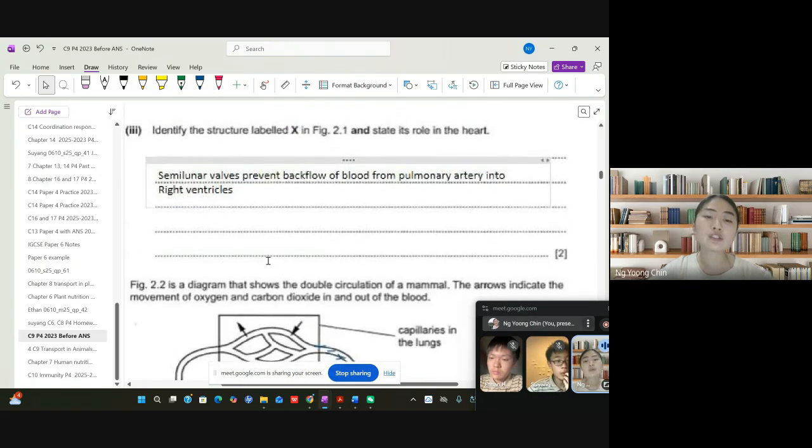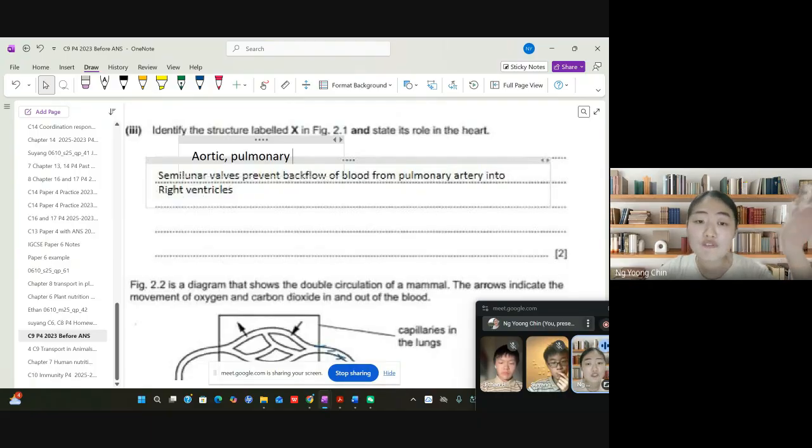I think in the exam you can just answer in a general way, using the two terms. The semilunar valve consists of the aortic valve and the pulmonary valve. But the atrioventricular valve includes the tricuspid and bicuspid valves. This is the format you should write.